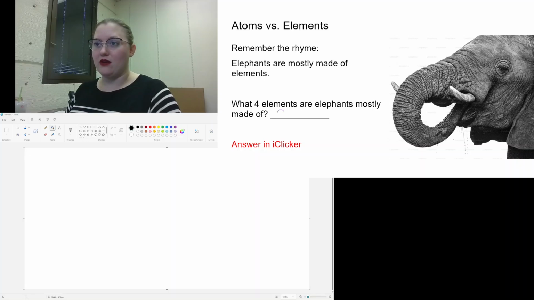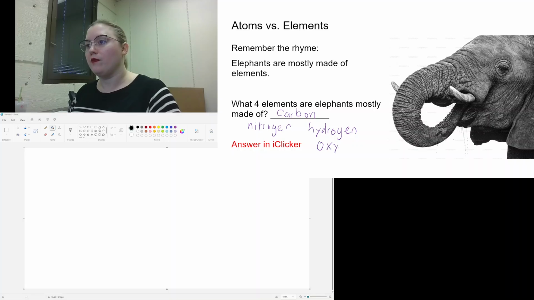Okay, so we know carbon is one. Pause if you haven't answered the question. Our other ones are nitrogen, hydrogen, and oxygen.